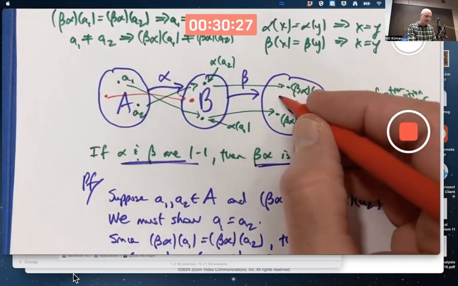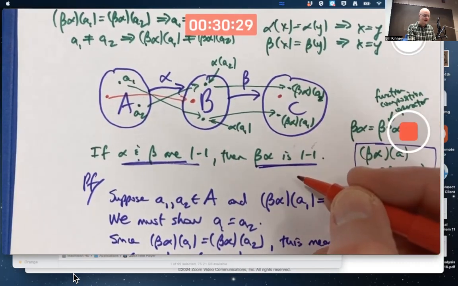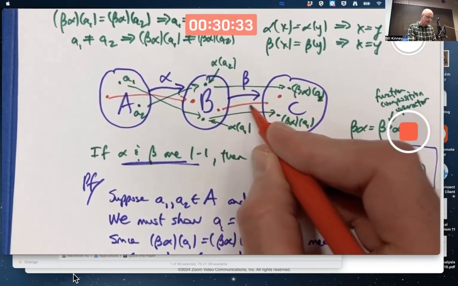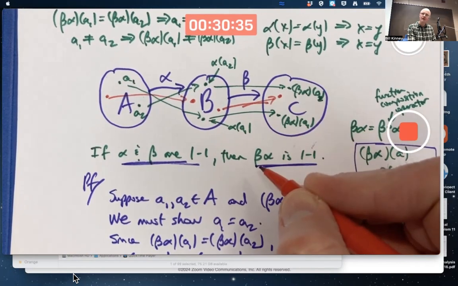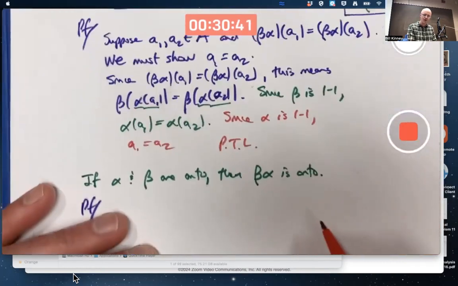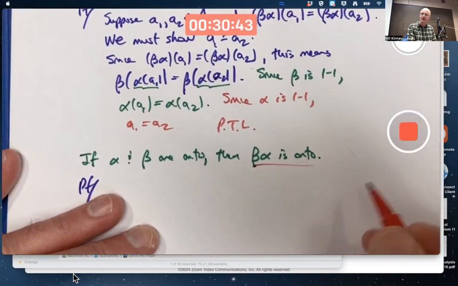Give me an arbitrary element of capital C. The fact that beta is onto means there's some element that gets mapped to it. Those are two individual things that are true. How do I combine them to show the composition is onto?